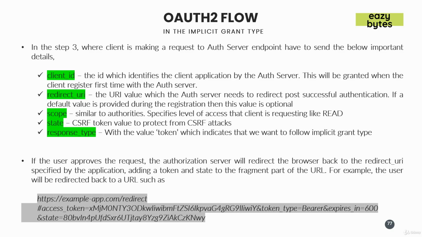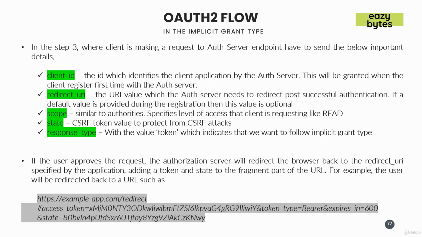Once the user proves his identity, the authorization server will redirect the user to the URI where the client wants to be, along with the token inside the fragment part of the URL. For example, the user will be redirected back to the following kind of URL that you can imagine. The primary difference you can easily identify here is that there is no client secret involved.